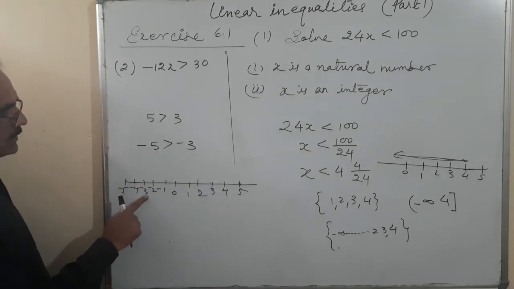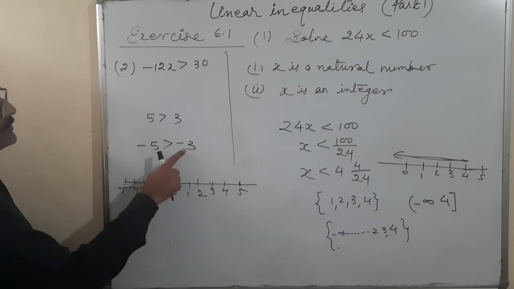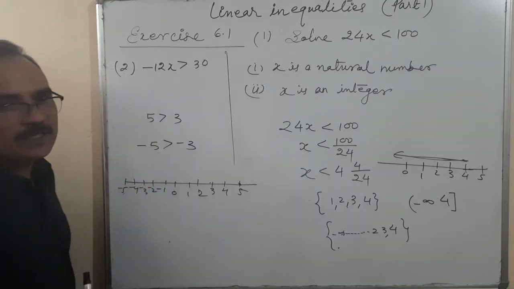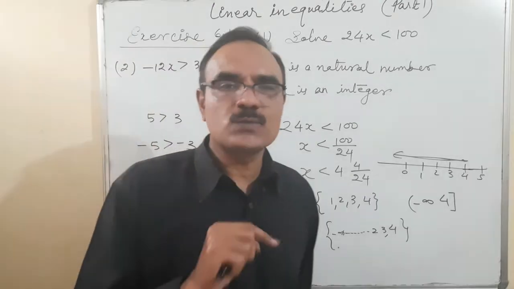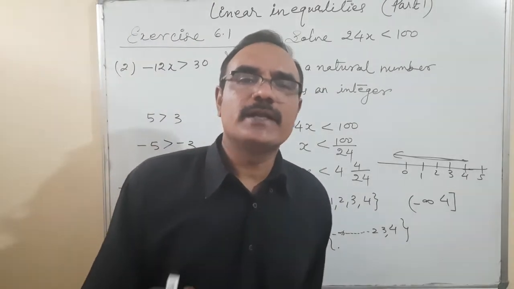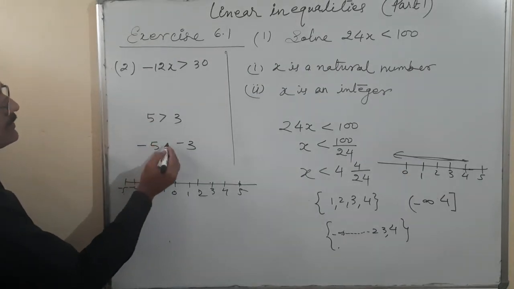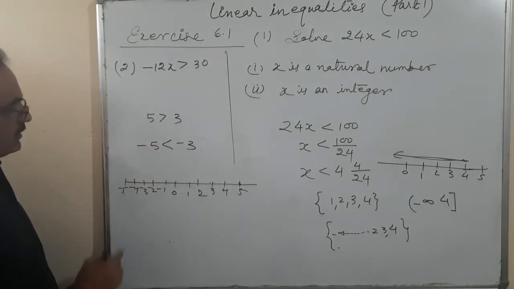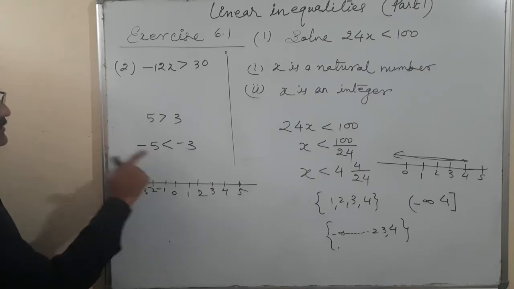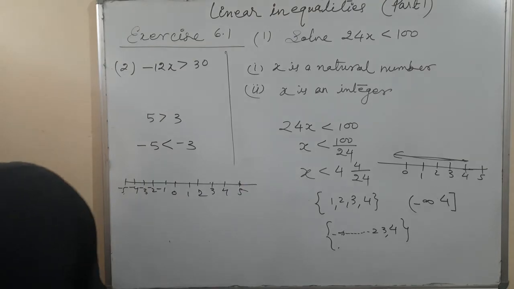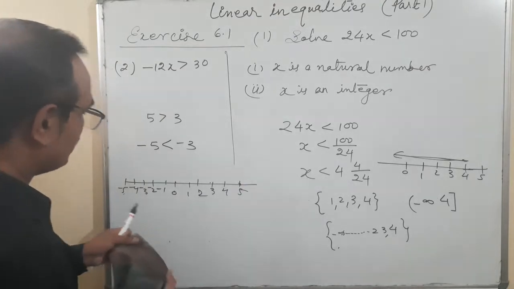So minus 3 is greater than minus 5. So when you multiply by minus 1 on both sides, the inequality will change, and greater than becomes less than. So now minus 5 is less than minus 3. You remember it: when we multiply by minus 1, the inequality always changes.